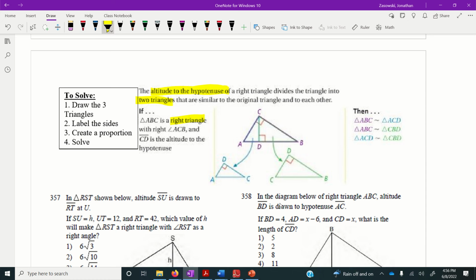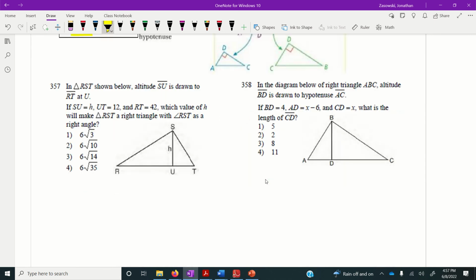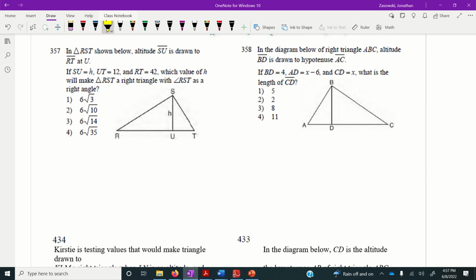So all we need to do is draw the three triangles that look the same in the same position, label the sides that we're given, or we might be able to find extra pieces from our information, create a proportion using the segments that are in the same spots, and then cross multiply and solve. That's it. Easier said than done, I know, but here we go.